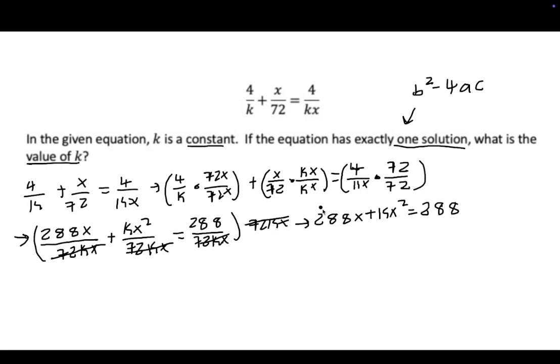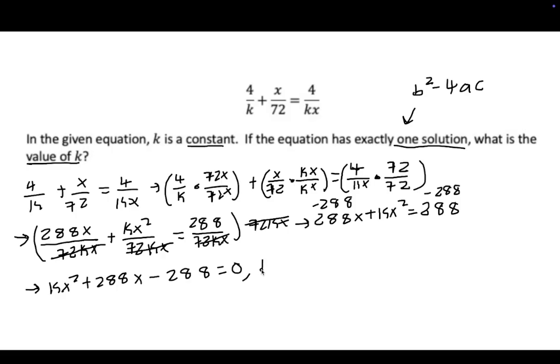So now we're going to bring our 288 to the left side, minus 288 on both sides of the equation. So now our equation, once we order our terms, is kx squared plus 288x minus 288 is equal to 0.